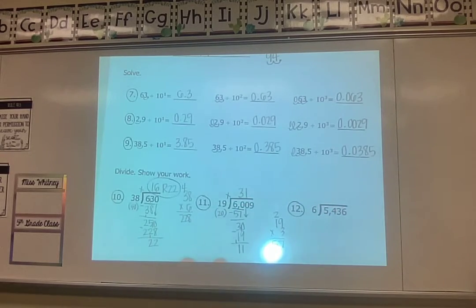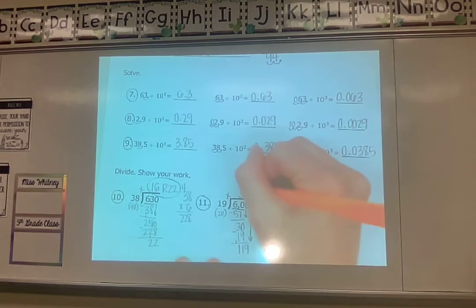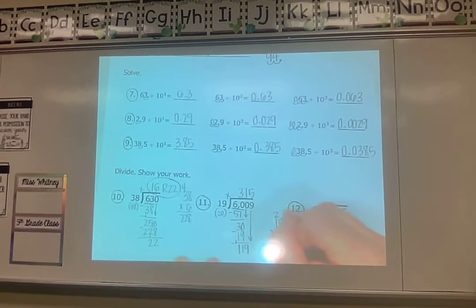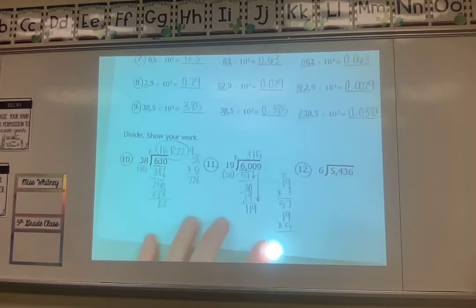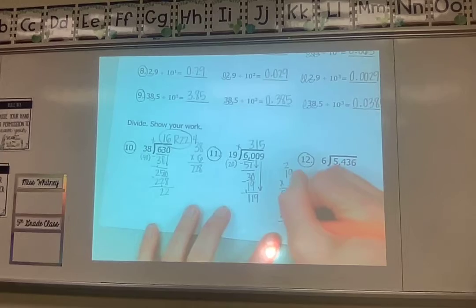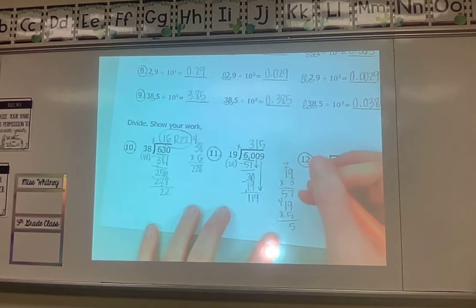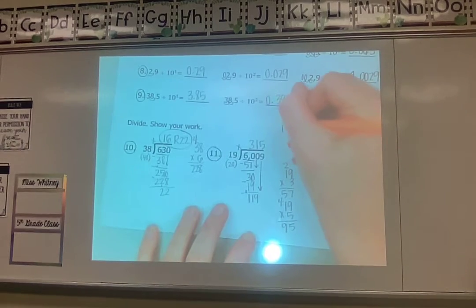Remember, I can stop and check there. 11 is smaller than 19, so I know I did it right. Bring down my next number, which is the 9. Cover up behind. 2 into 11 would be a 5. Then I need to multiply 19 times 5. Let's see if you can still see what I'm doing here. Sorry, guys. That would be 95. I think I could probably go again. Let me check. 19 times 6.